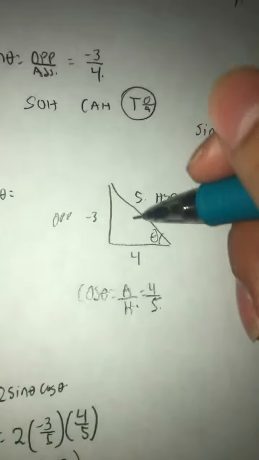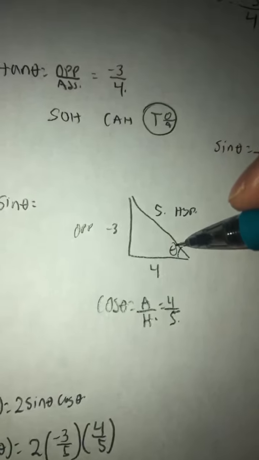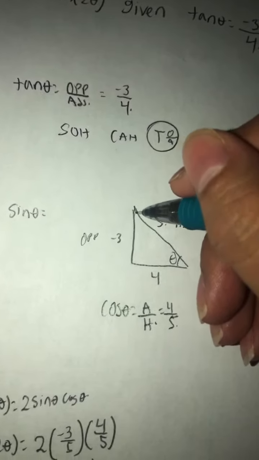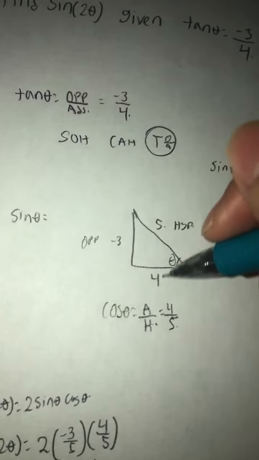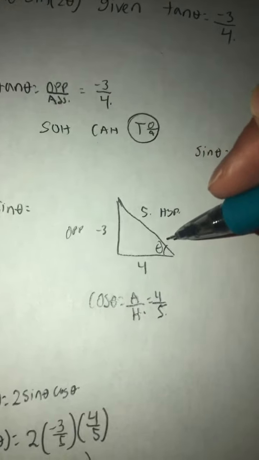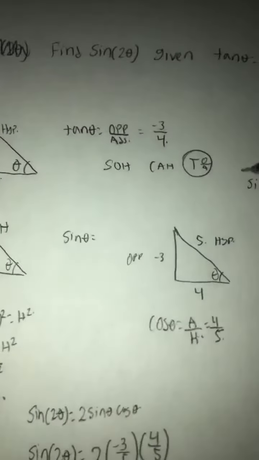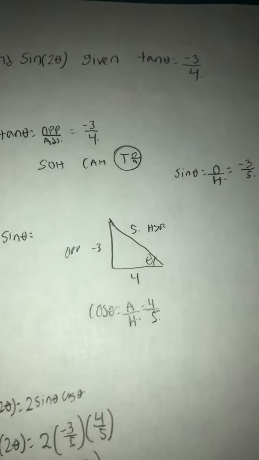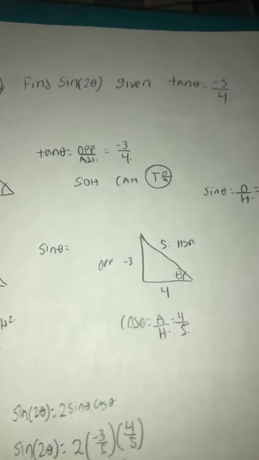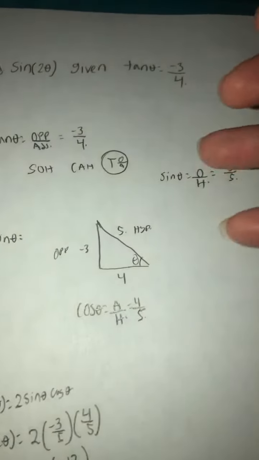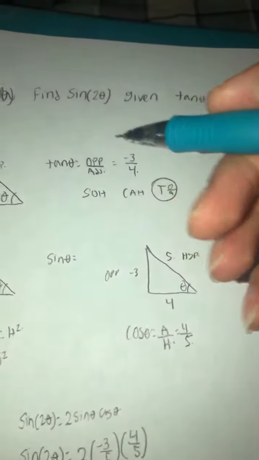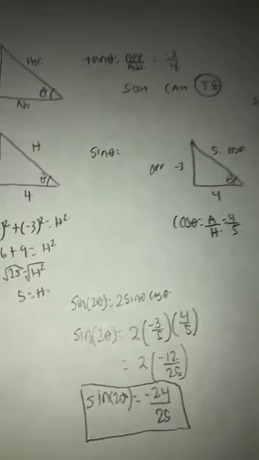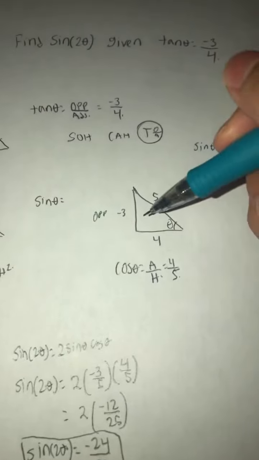Then I redrew it here with all the sides of the triangle, and I asked, what's cosine theta and what's sine theta as well? Because we need those.